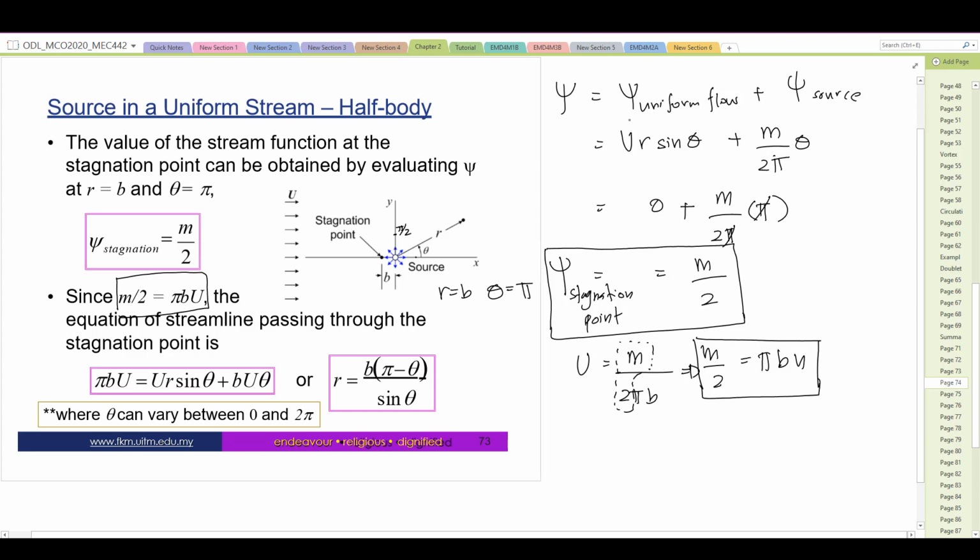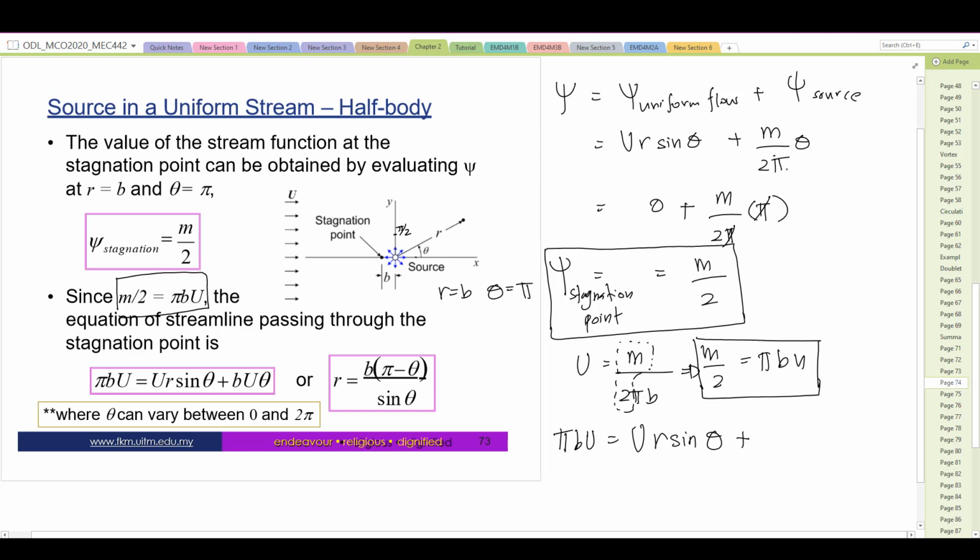Psi at the stagnation point equals m over 2, which equals pi b U, not small u, it is capital U. So pi b U equals U r sine theta plus m over 2 pi theta, and m over 2 pi equals U b.